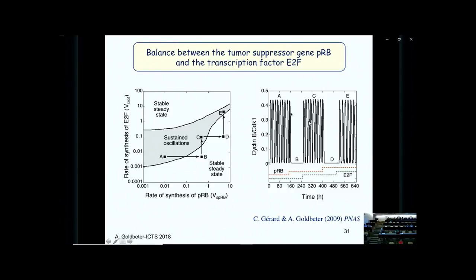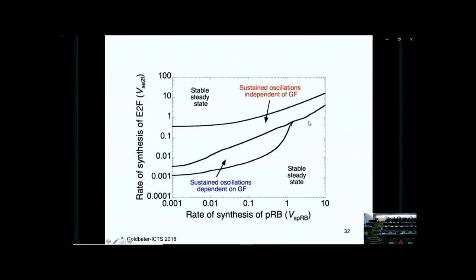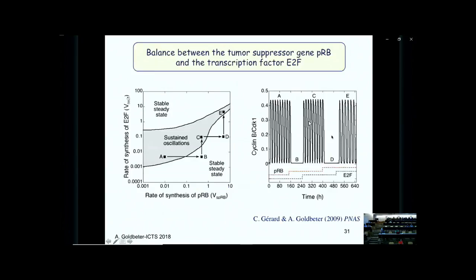We went from A to B to C to D and E by simply changing the relative values of these rates. So an important result is that what is key here is not the absolute values of the parameters, but the relative values of the parameters related to enhancement of cell cycle progression and inhibition of cell cycle progression.